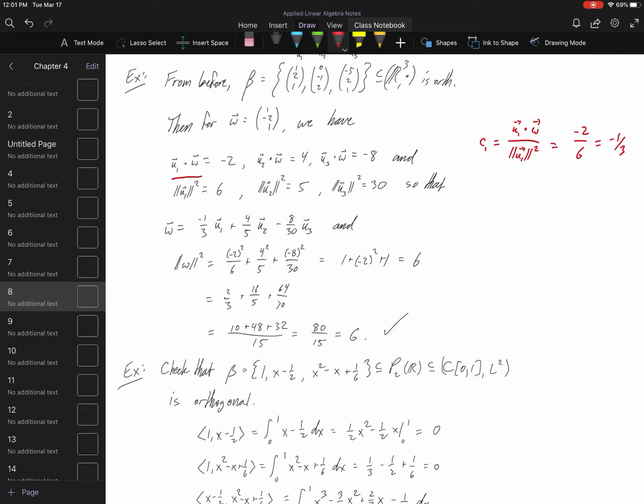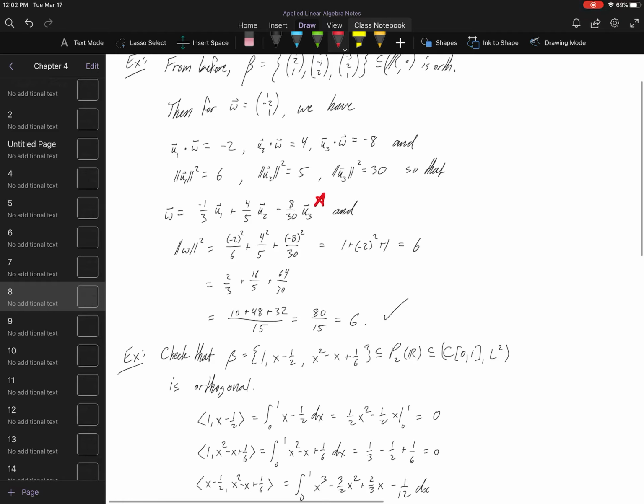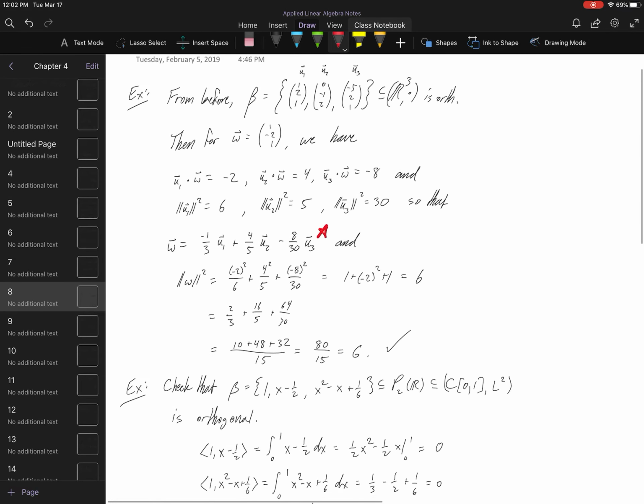That turns out to be -2 over 6, so it's -1/3. That is the appropriate weight that I have to put on U1 in order to construct W. Very similarly, I'll have to take the ratio between U2 dot W and the U2 norm squared, and the same for the third vector U3. When all the dust settles, we wind up with this collection of weights.